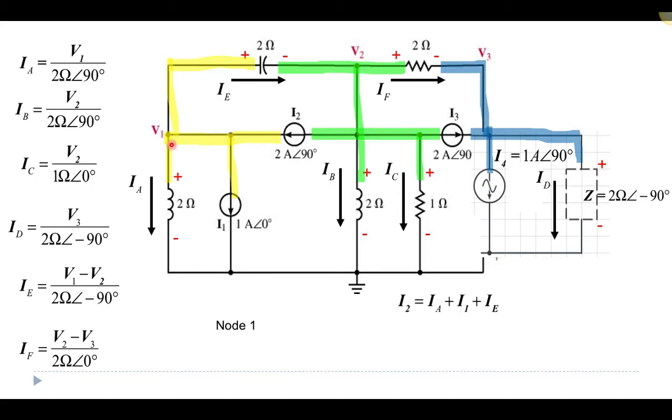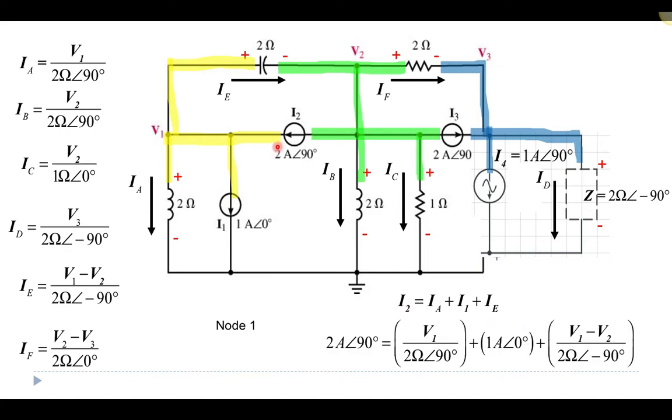So as I look at this node, I realize that the current that's entering here is I2. That's going into the node, and then coming out of the node is I1, IA, and IE. And so I've written those down here. After I use Kirchhoff's current law, I can plug in the values that I know.